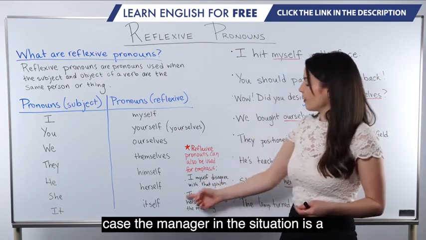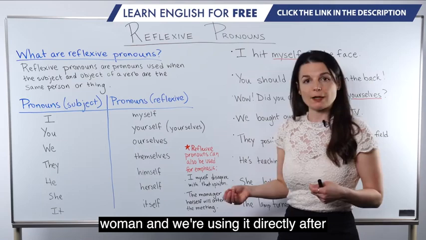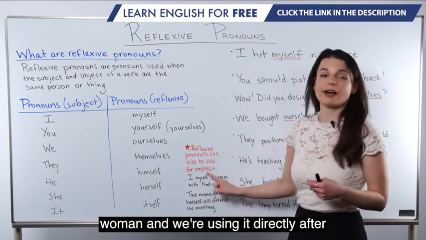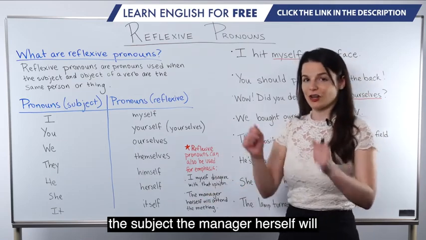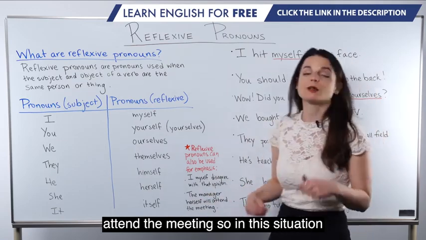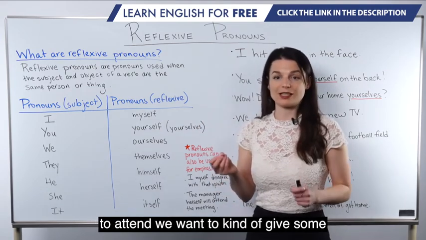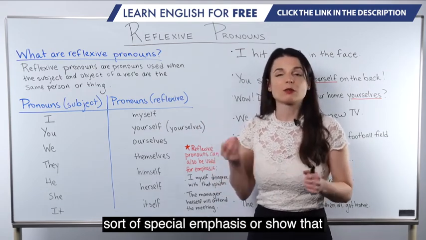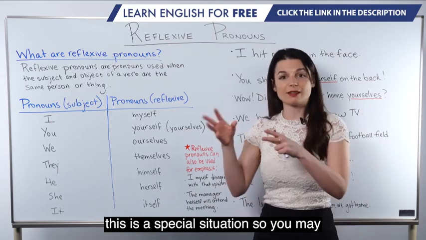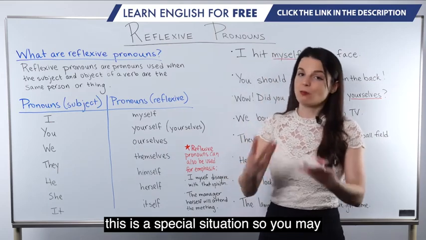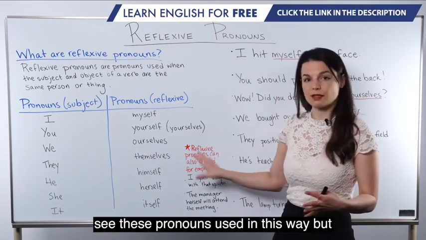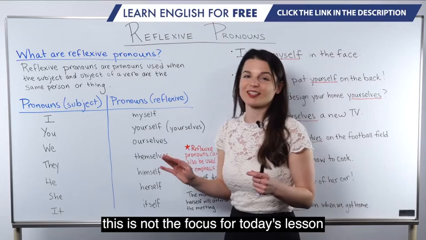So in this case, the manager in the situation is a woman, and we're using it directly after the subject. The manager herself will attend the meeting. So in this situation, we're emphasizing the manager is going to attend. We want to give some special emphasis or show that this is a special situation. So you may see these pronouns used in this way, but this is not the focus for today's lesson.